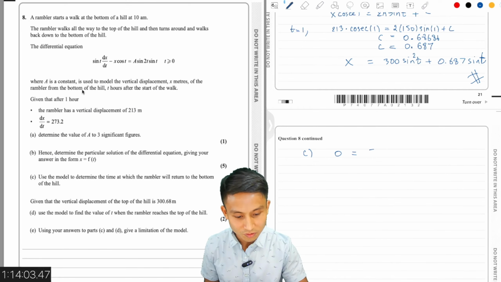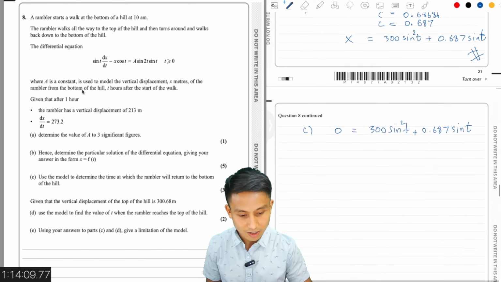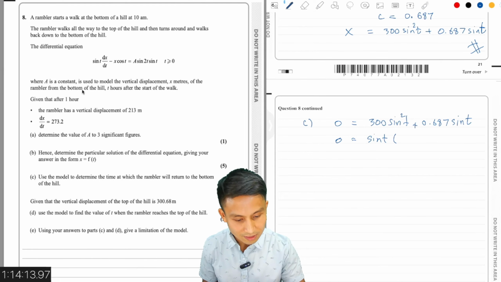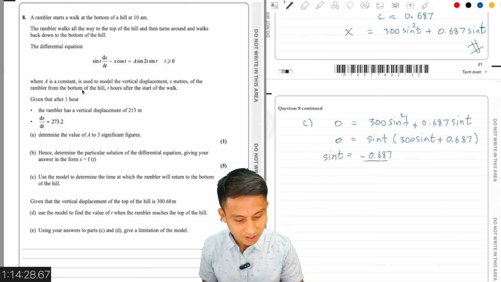So 0 equals 300 sine squared t plus 0.687 sine t, yeah? And then we solve. Well, we already got one of them, sine t equals 0 here. The other one is 300 sine t plus 0.687. So basically we need to solve sine t equals minus 0.687 divided by 300.